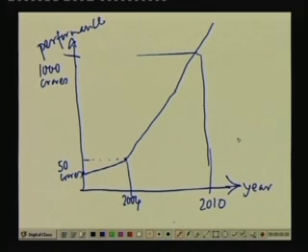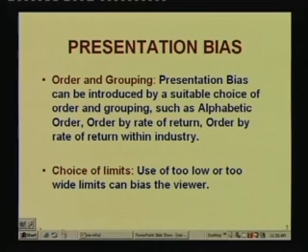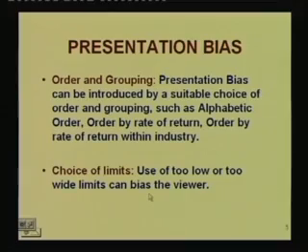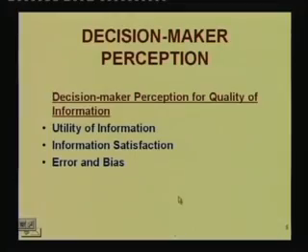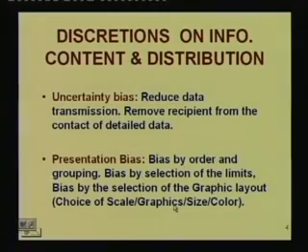So, this graph cleverly disguises the facts by choice of scales. The kind of scale that has been used makes it appear as if the performance is really that bright. The reality may not be so. It is easy to bias the information by selection of limits, similarly by choice of scale, graphics, size, color.